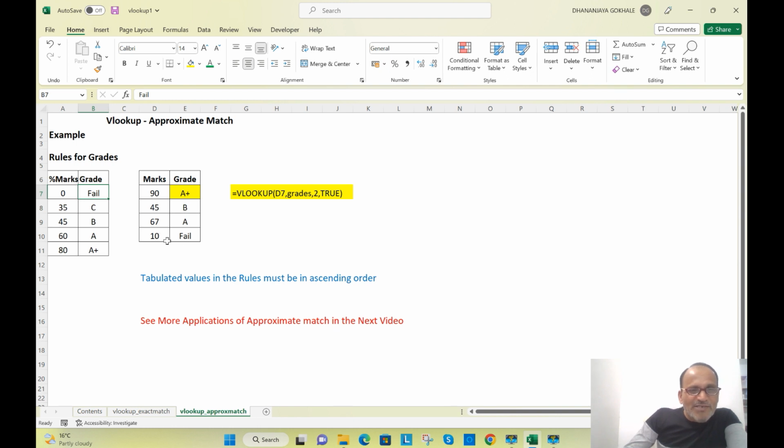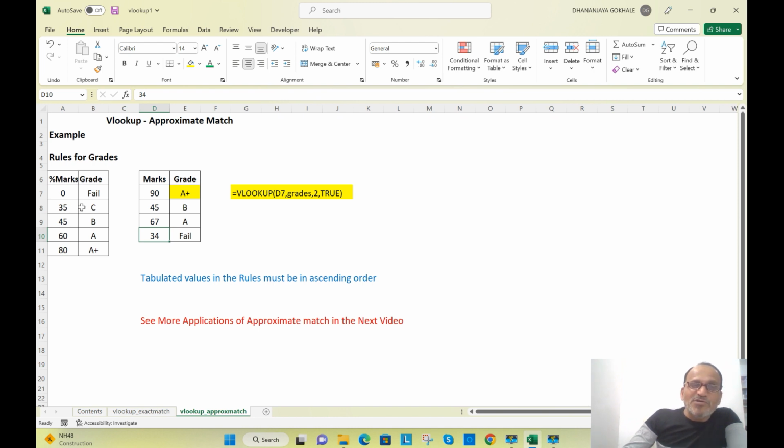Shall we try and change this? Let us change it to 34 first. Since we are trying to understand, let me make it 34. Right. Answer is still fail. Because we are approximating the value. Now you will say 34 is near 35, right? 34 is near 35.